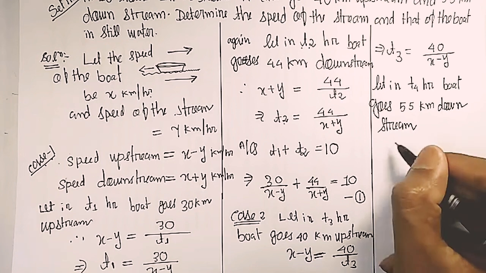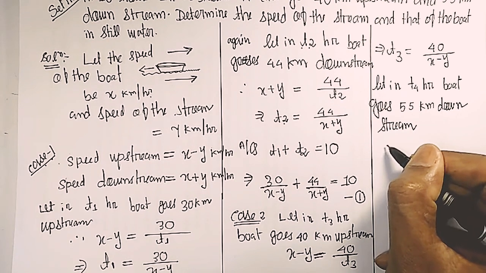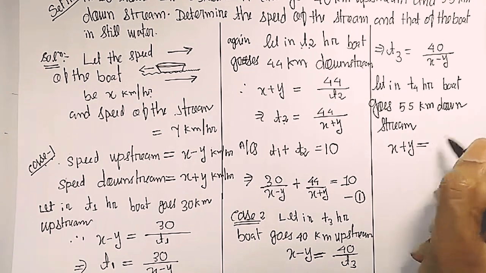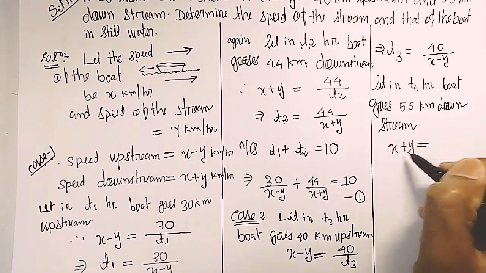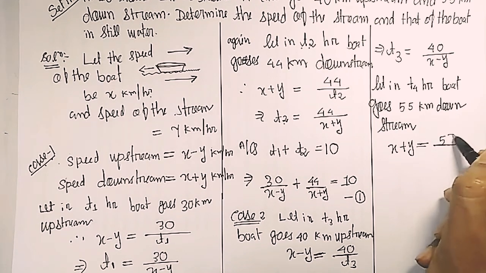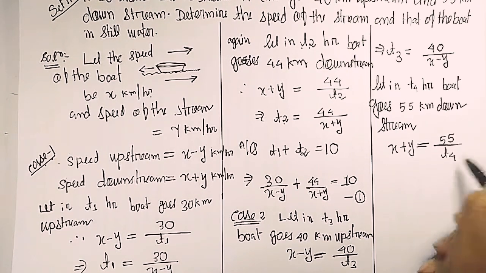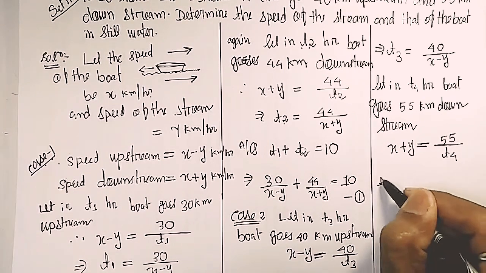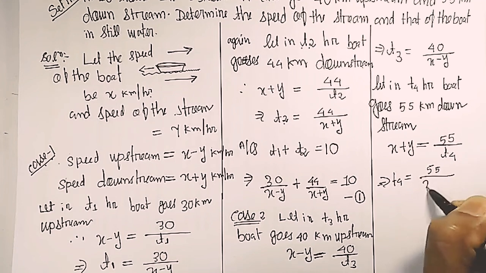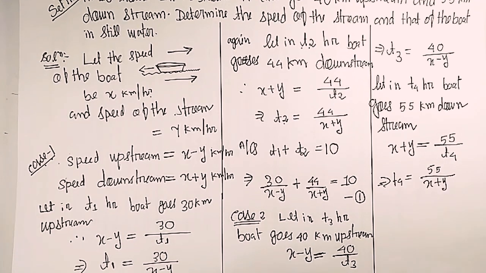For downstream we know the speed is x plus y, and it will be distance divided by time taken. So from here, T4 equals 55 by x plus y.